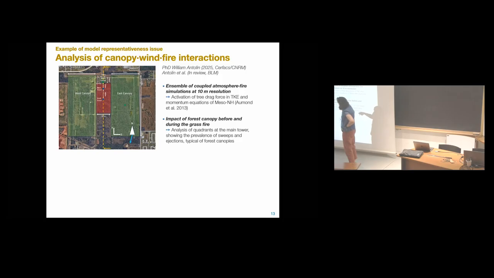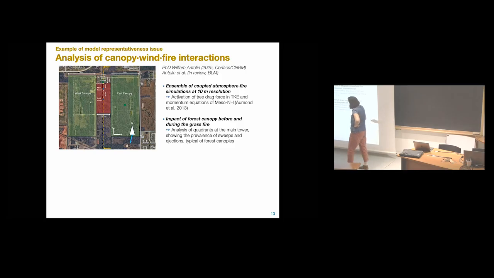And the wind is in this direction. So this canopy block is small, but it's just upstream of the grass plot. So the question was, does this canopy block have a strong influence on the propagation that will occur from the ignition point through the grass burn plot?